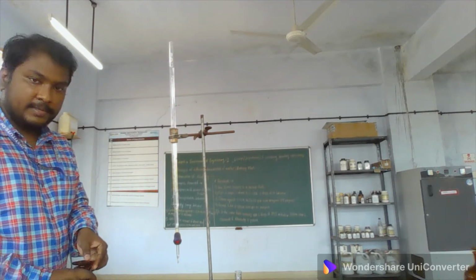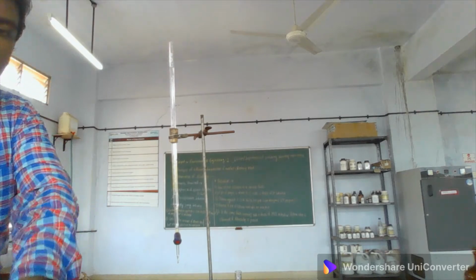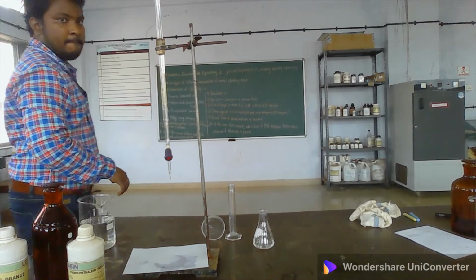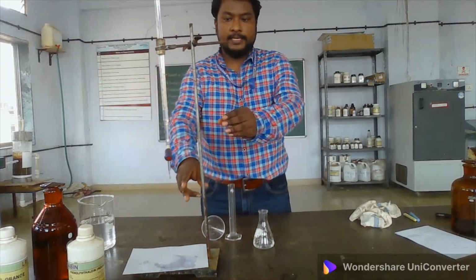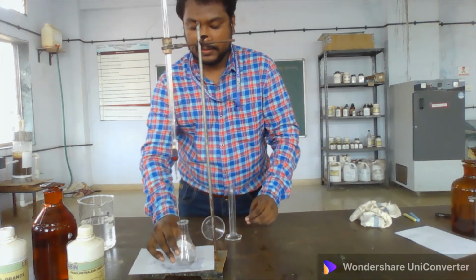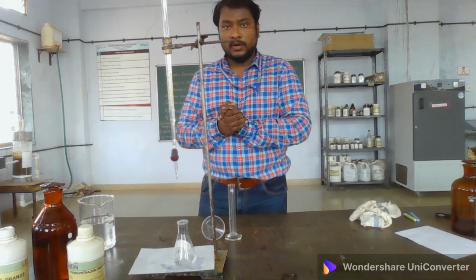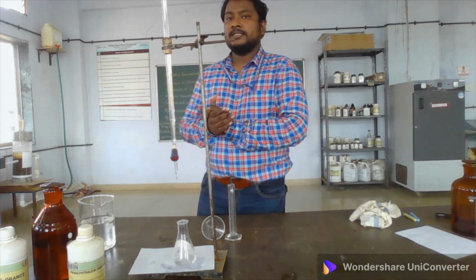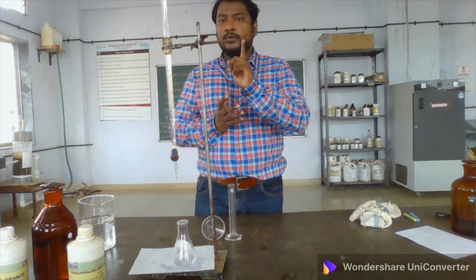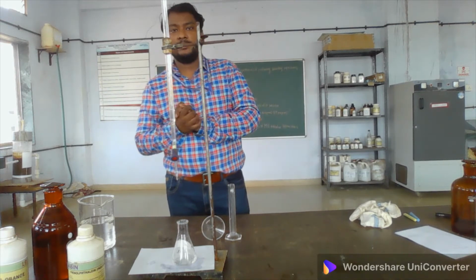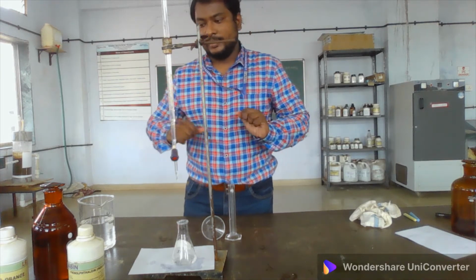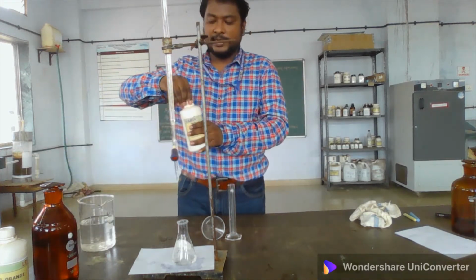Now the next step. Here in this sample conical flask I have taken the tap water, and the first stage of titration I am going to perform, and with its help I am going to get the value of capital X. After using the indicator in the first stage of titration, that is the phenolphthalein indicator, first I will use this indicator.